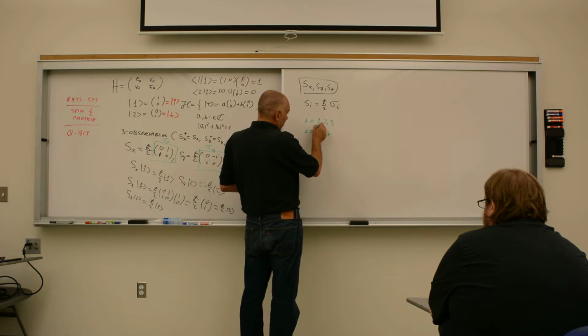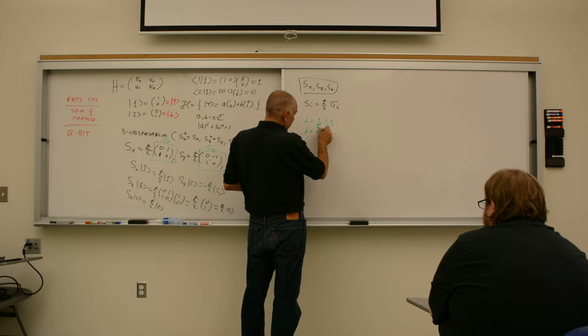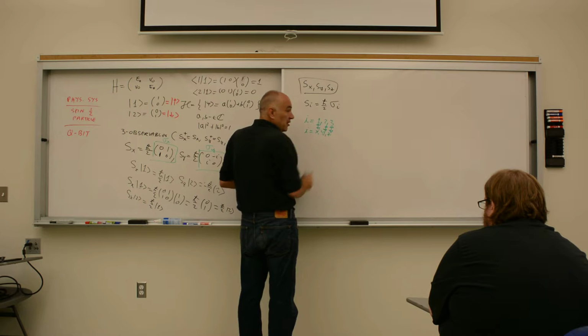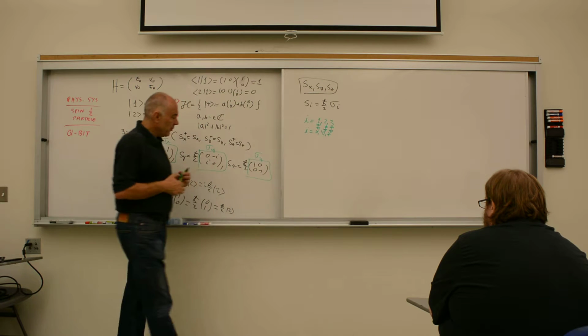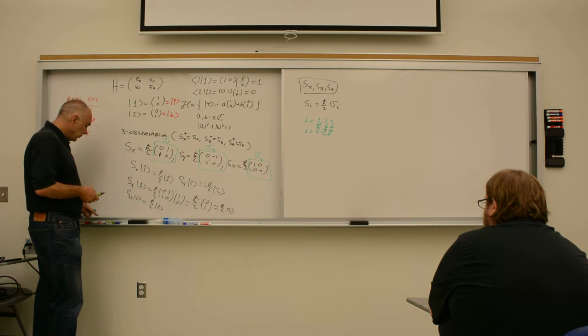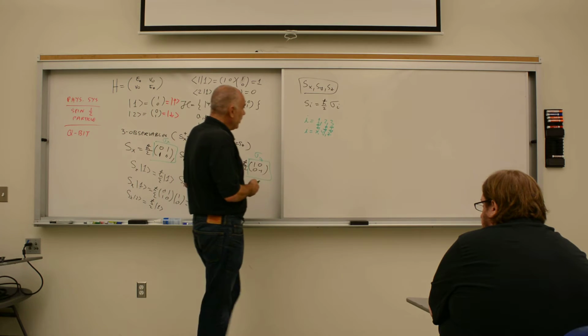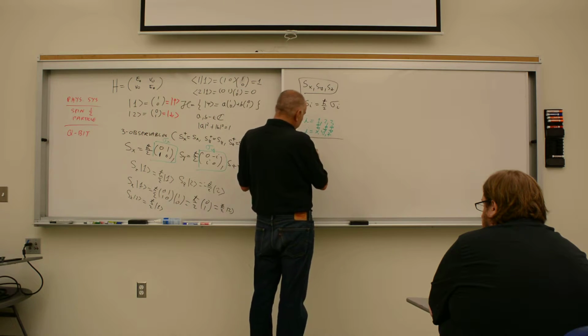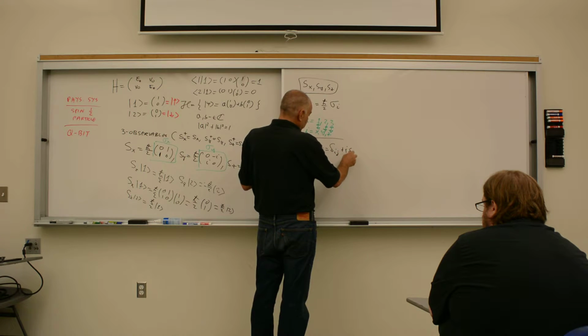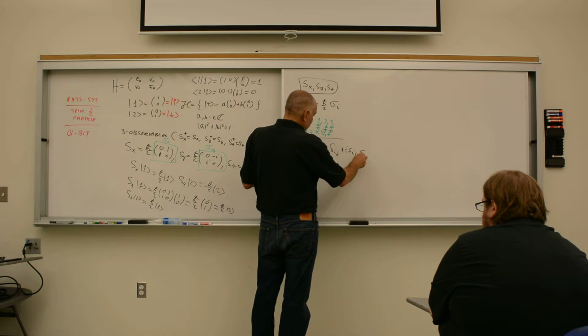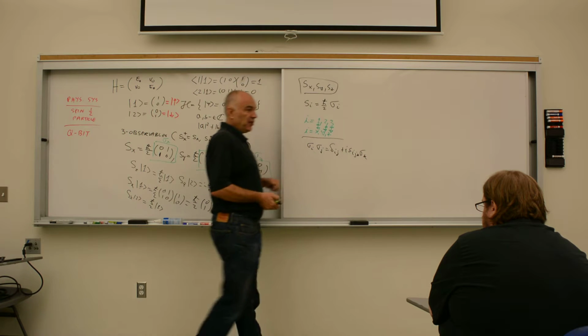Doesn't matter. So 1 is x, 2 is y, 3 is z. It's just notation. And just for the record, sigma i times sigma j, multiplying these matrices, is equal to delta ij plus i epsilon ijk sigma k, where you know the meaning of symbols.